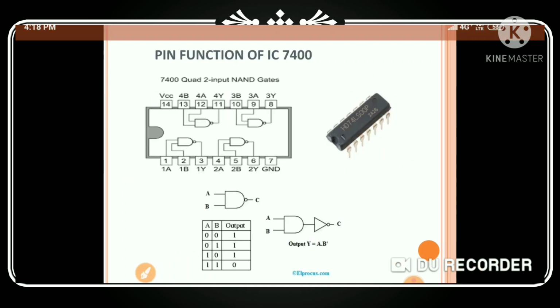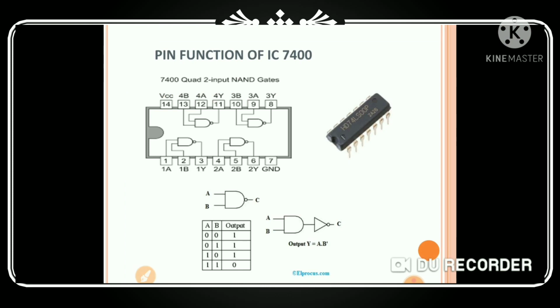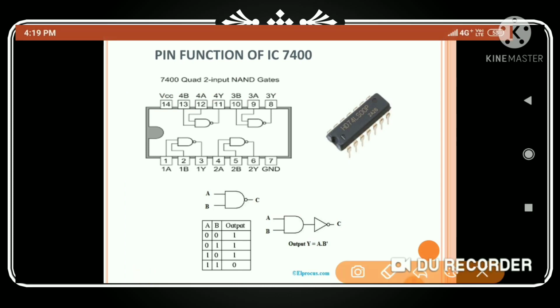So see, this is the pin configuration of IC 7400. You can see here this IC, and as I told you, how you start with 1, 2, 3: you consider this U-shaped hole, and from the left side you start with 1, 2, 3, 4, like that. You can see the dual in line chip, the IC 7400 chip is present over here, and it has 14 pins.